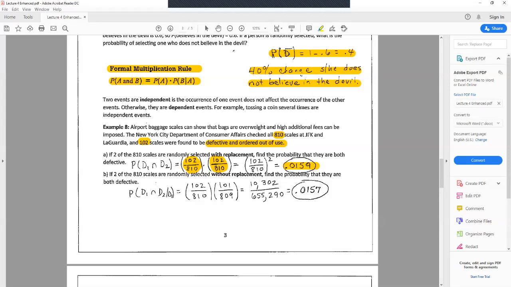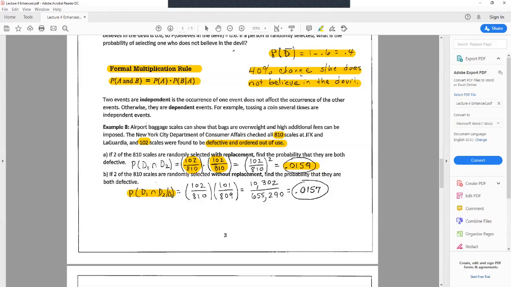What's the probability that the second one is defective, given that the first one is defective? That's how you would actually read this. What is the probability of getting a defective scale on the first draw and getting a defective scale on the second draw, given you chose a defective on the first?